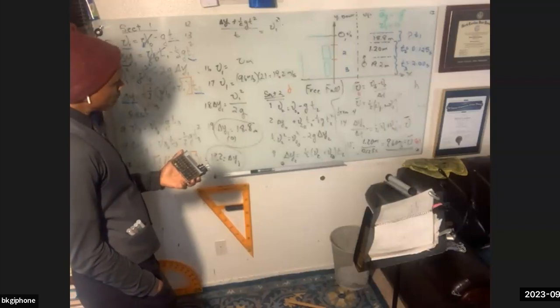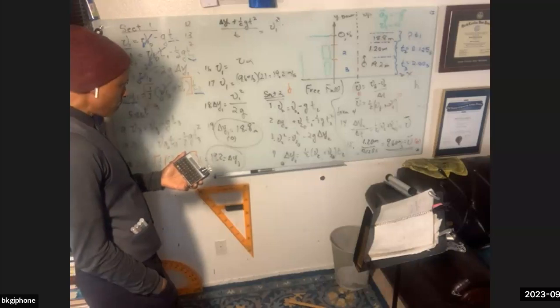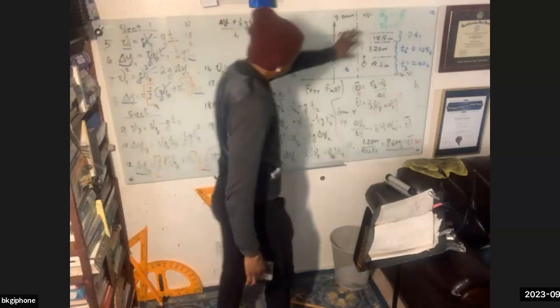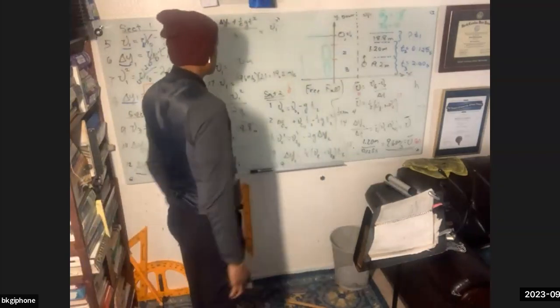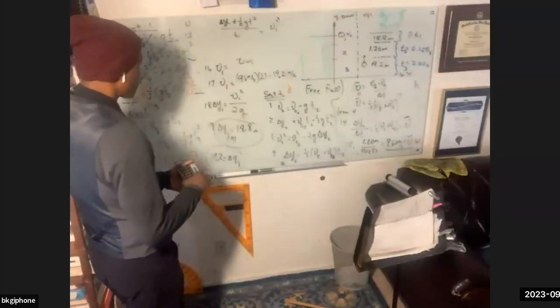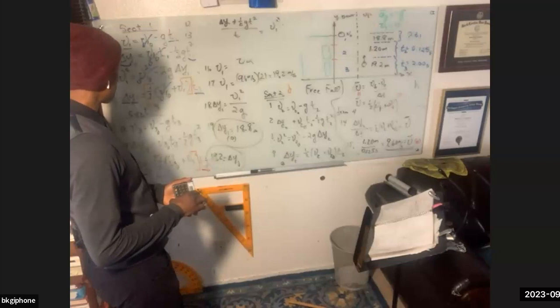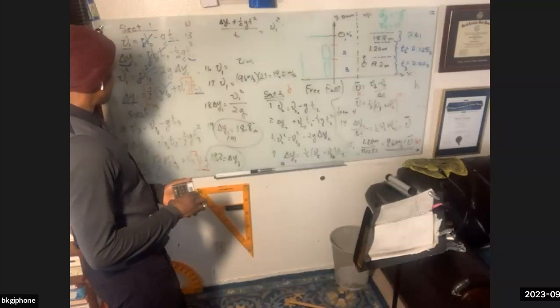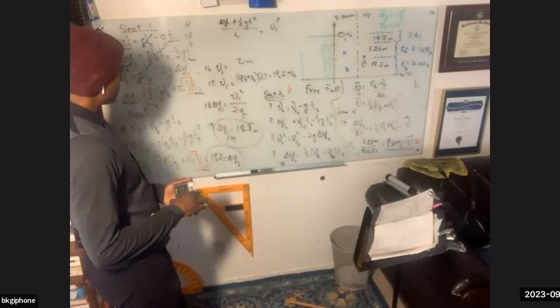And then you can use that to get delta y, the change in y. To get delta y, it's going to be that squared, divided by 2g.